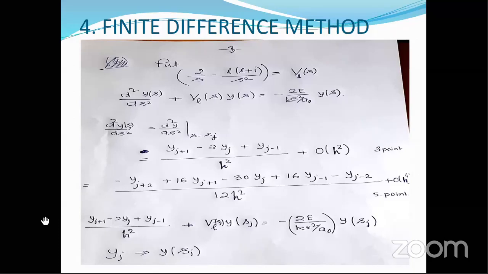I had very clearly indicated that y_j here means y at s_j. By using this 3-point formula to replace the double derivative, our differential equation, the Schrodinger equation, has been transformed into a difference equation.